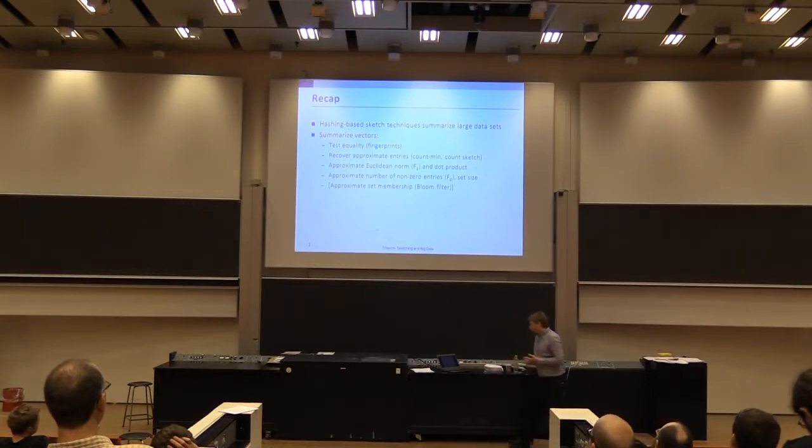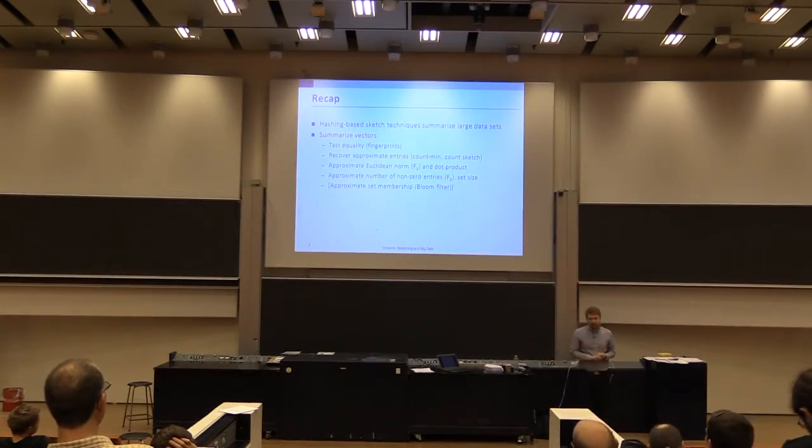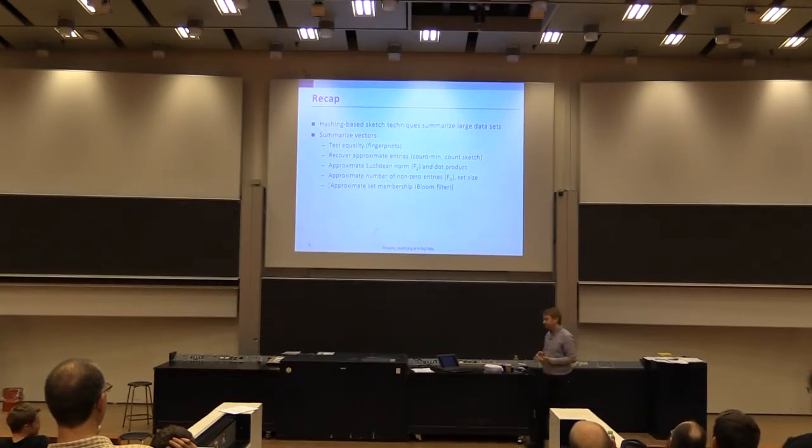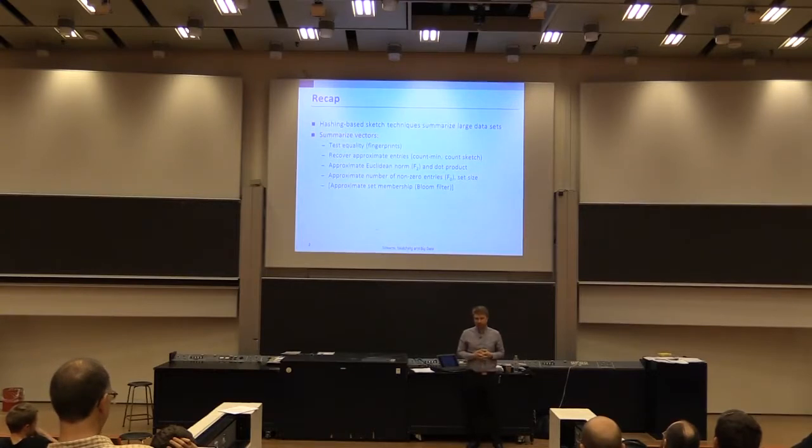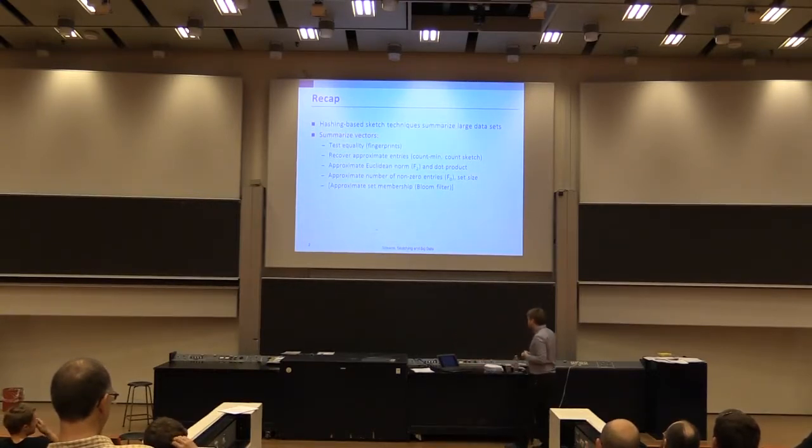So where have we got to? We've got to this idea that hashing is a powerful technique that lets us create summaries, and we can then reason about the accuracy of these summaries and update these summaries in streaming settings. And what have we built so far? We've seen results that say we can test equality using fingerprints.